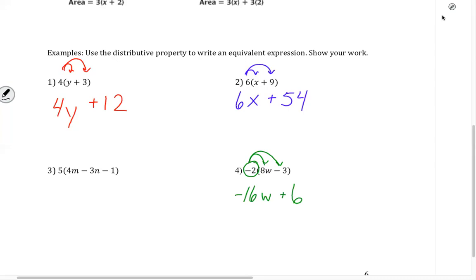Now, number 3 might look harder, but it's not. We just distribute the 5 3 times. So 5 times 4 is 20, so 20m. 5 times -3n is -15n. And 5 times -1 is -5. So that's the distributive property.